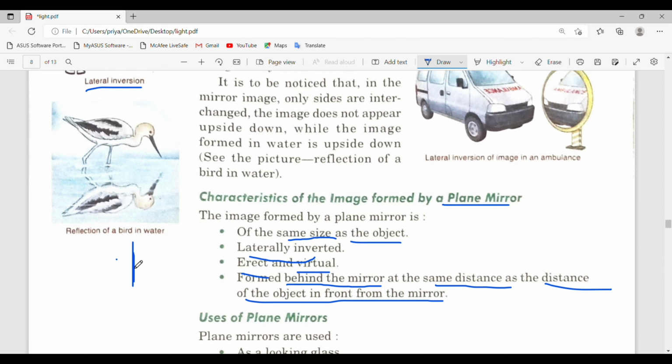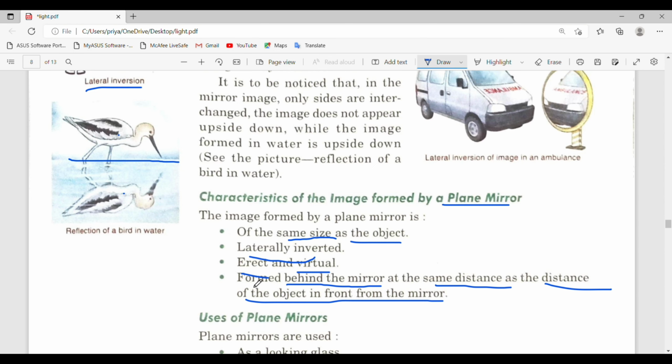सपोज दिस इज द मिरर, दिस इज द पॉलिश्ड सरफेस ऑफ द मिरर. ठीक है, suppose let it be as mirror. ठीक है, it is also a reflecting surface, water is also a reflecting surface. You can see the bird, the distance at which the original bird, it means the object, is standing, the same distance behind the mirror or behind the reflecting surface the image is having, right?